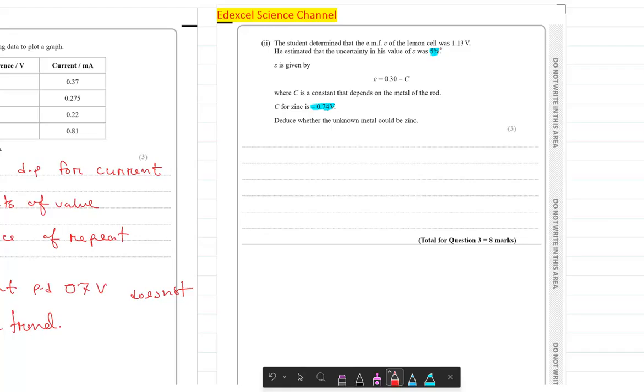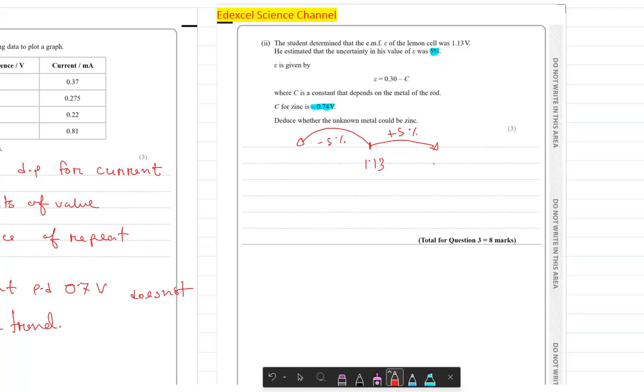So guys, what is the application of this uncertainty? The value of the EMF that we have found is 1.13. But they are saying that there is an uncertainty in this value, meaning that the real value of the EMF might be 5% more than 1.13, or it might be 5% less than 1.13.